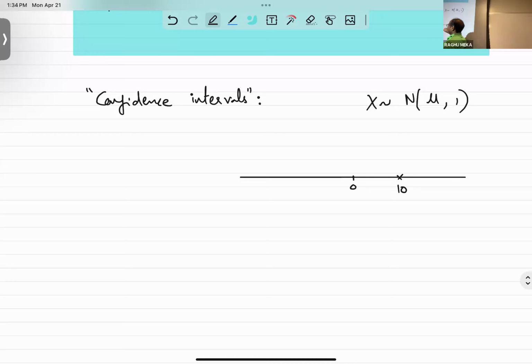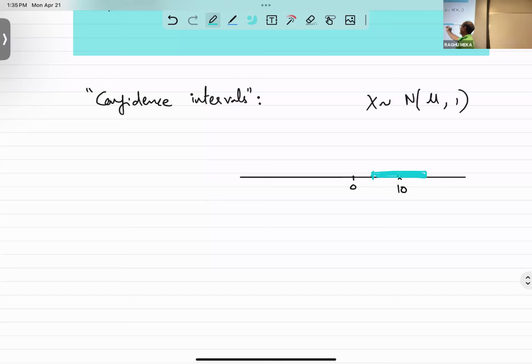Most likely the mean is 10, but that doesn't mean it's actually very likely to be 10. That's just the most likely value. But even if the true mean is 11, seeing 10 is not that unlikely. So you can put some kind of band on your guess for what the true mean should be.